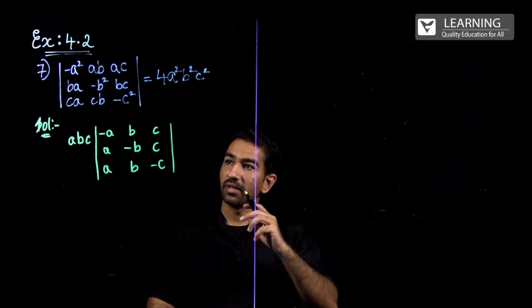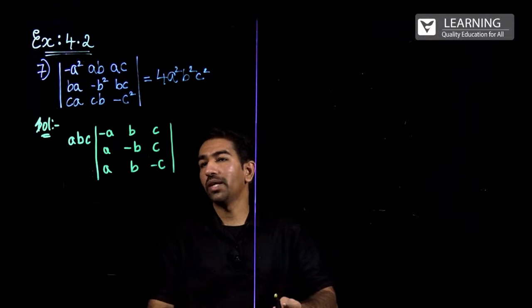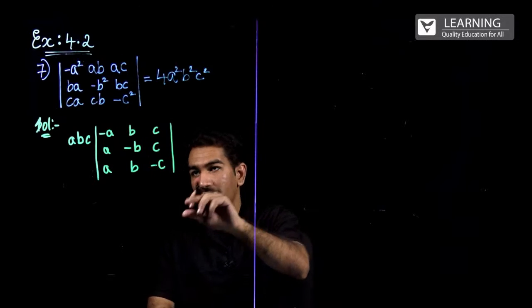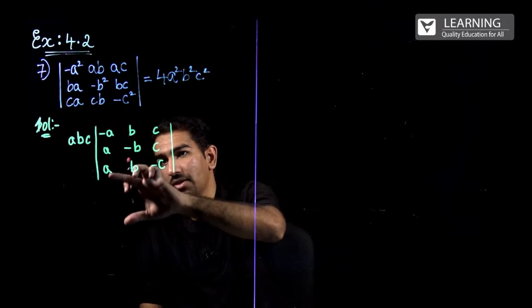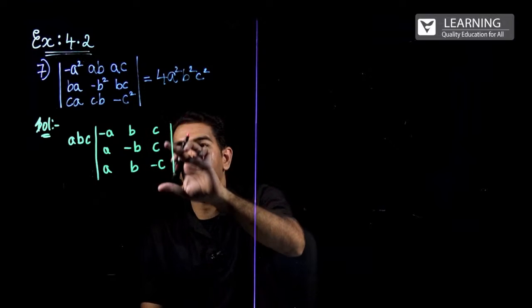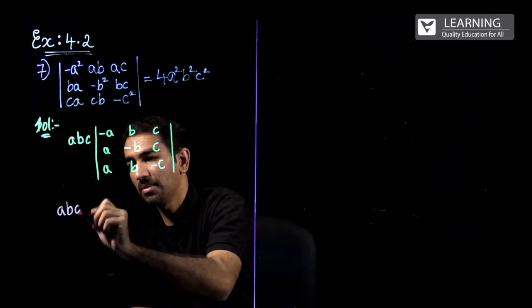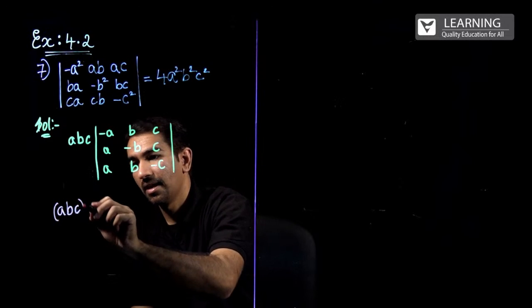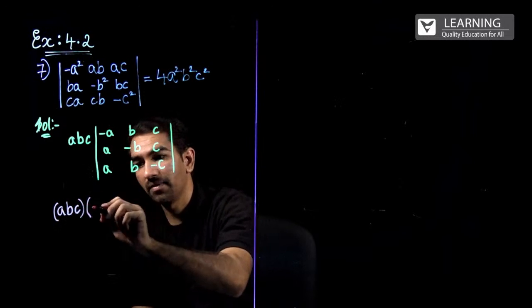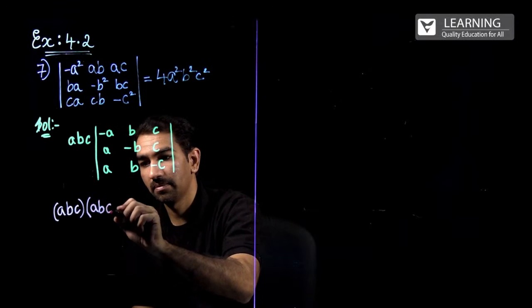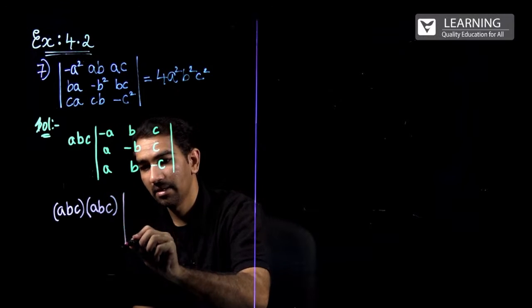Now again, this ABC, whatever we took out common, is from the rows: A from the first row, B from the second row, C from the third row. Next again we'll take out ABC common, but from the columns. A from the first column, B from the second column, C from the third column. So this ABC is as it is. What will remain inside?